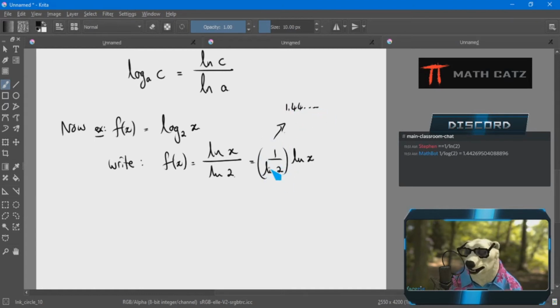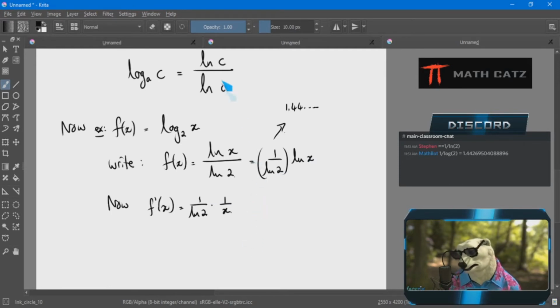I leave it in its exact form. But if there's no x, what I'm working with is a number, which means if I want to find the derivative of this, it's the constant times a function property. It's this constant in front of the function, which is the natural log function, which I know what the derivative is. It's 1 over x, and I'm done.